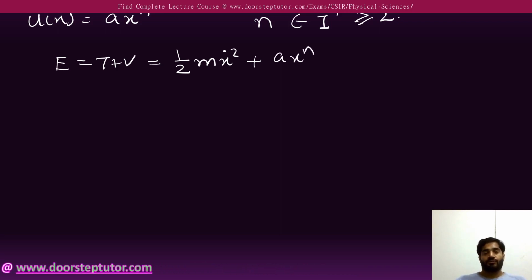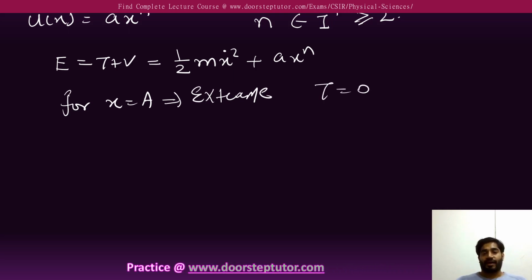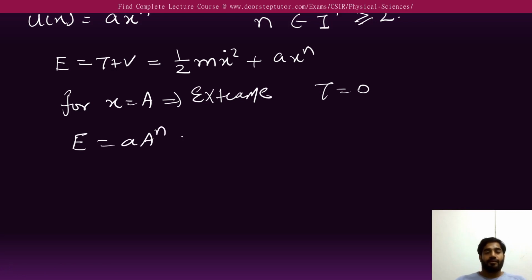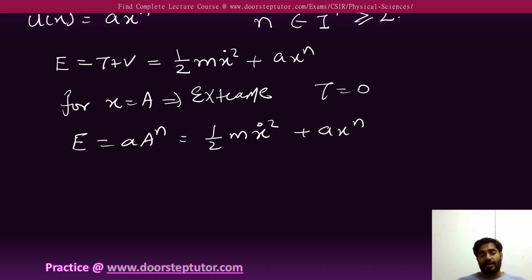Now suppose for x equals a, this is the extreme position, the extremum. For this extremum, the kinetic energy is 0 because this is the maximum position; the whole kinetic energy is converted into potential energy. So can I say E equals a to the power n, but E is also equal to half m x dot squared plus a x to the power n, because the total mechanical energy remains the same at each and every point.